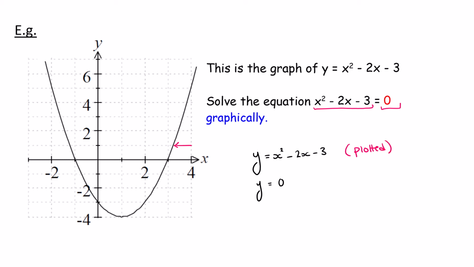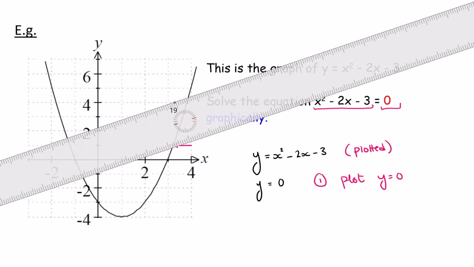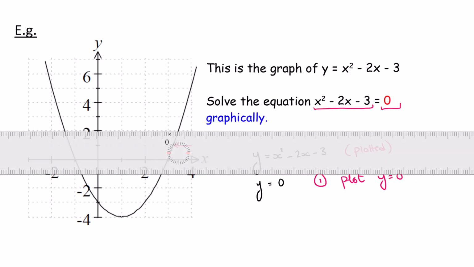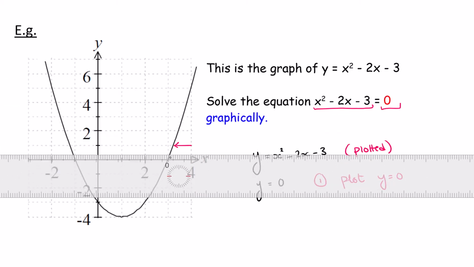So the first thing you need to do is plot y equals 0. That's your step 1. Well, y equals 0 is a horizontal line. All these lines that don't have an x on the other side, they just have a number, y equals, are horizontal lines that cut the y-axis at the given number.